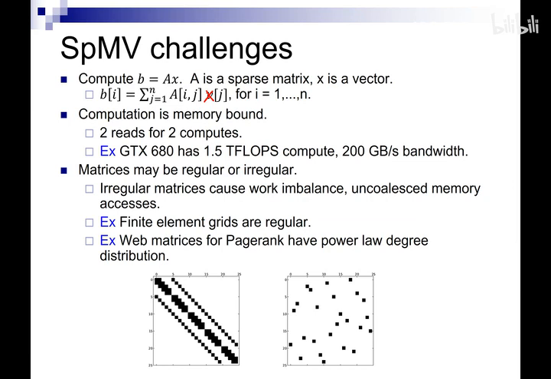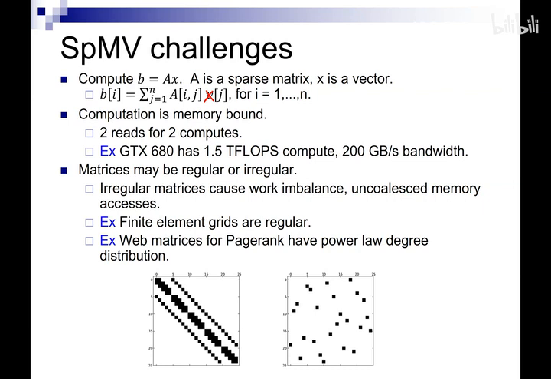For example, most of the non-zero values may be along the diagonal of the matrix. You have a few other diagonals which are also non-zero, but mostly the non-zero values are on these diagonals. That's a regular type of matrix, and it makes it easier to deal with, because, for example, each row has about the same number of non-zeros.